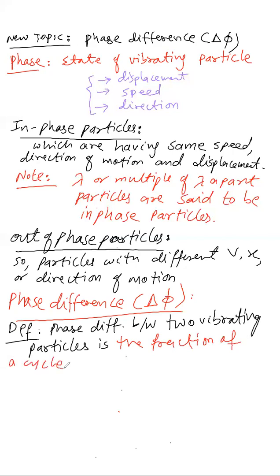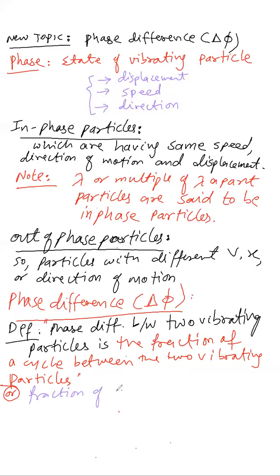Fraction of a cycle means fraction of lambda, or it can be an angle between the two vibrating particles. So this is how we define phase difference. It is actually the fraction of a cycle between two vibrating particles, or it can be the fraction of a cycle between two waves.